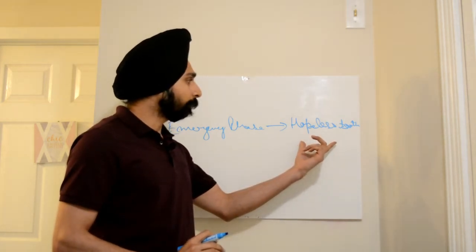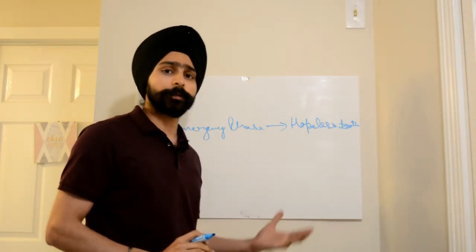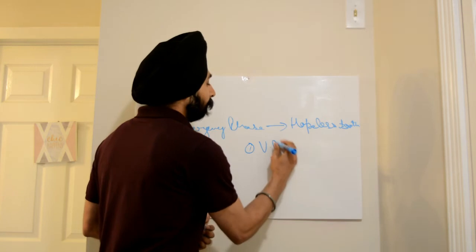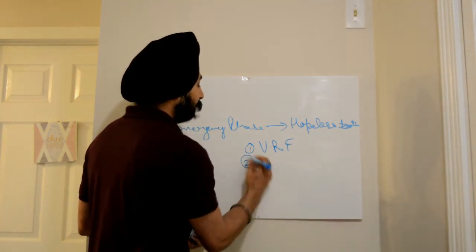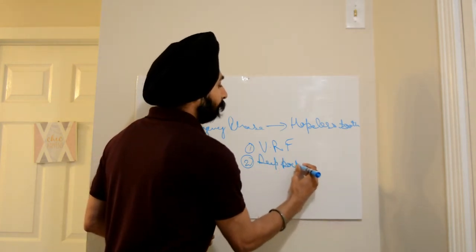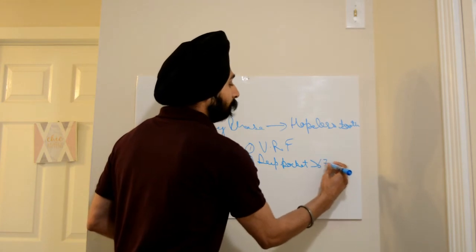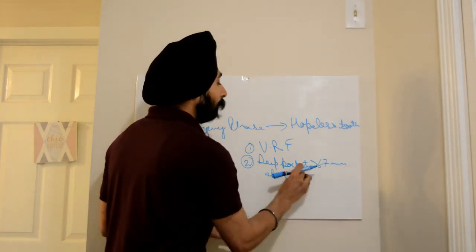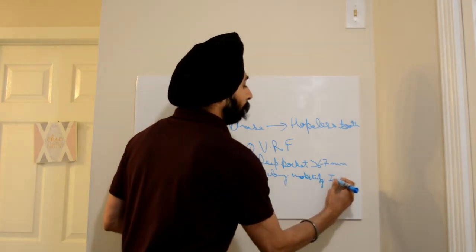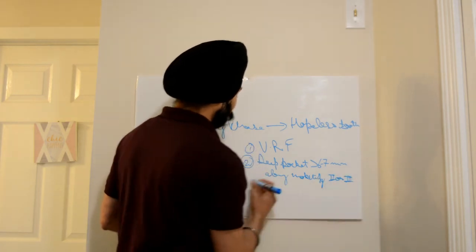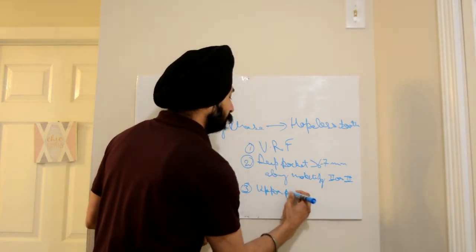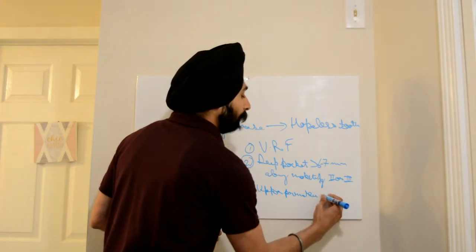Now let's find out what are the various conditions where we say that the tooth is hopeless and we need to extract it. First condition is if a tooth is having vertical root fracture. Second, if a tooth is having deep pockets, for example more than 6 to 7 millimeter, along with mobility of grade 2 or 3, or if upper premolars are having furcation involvement.